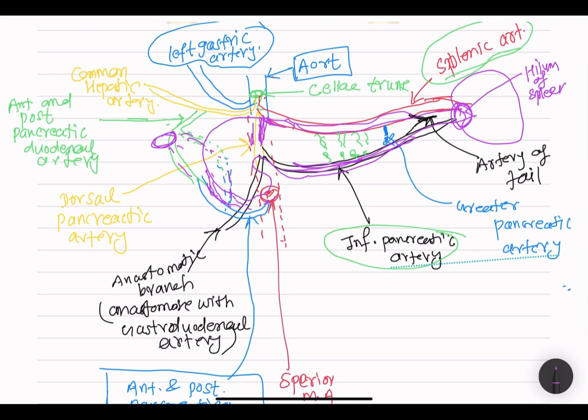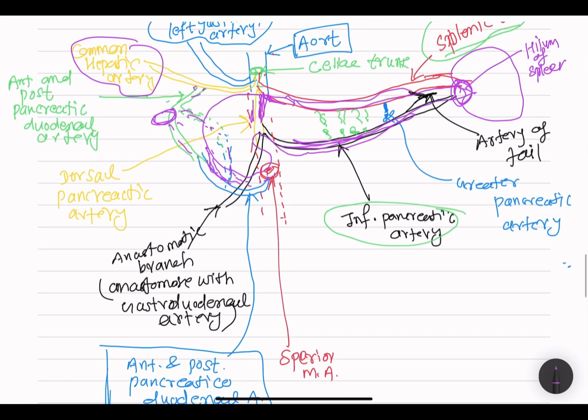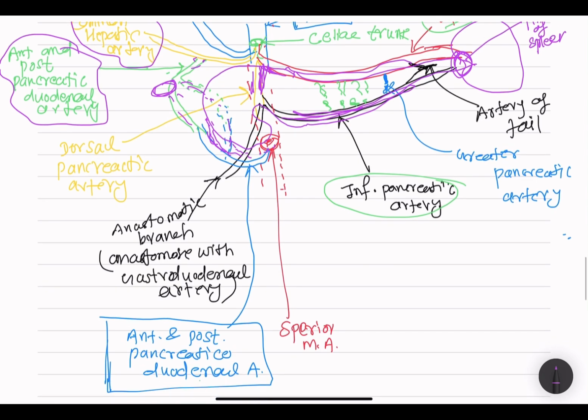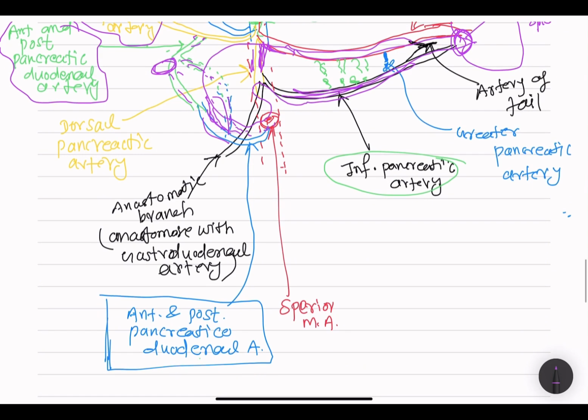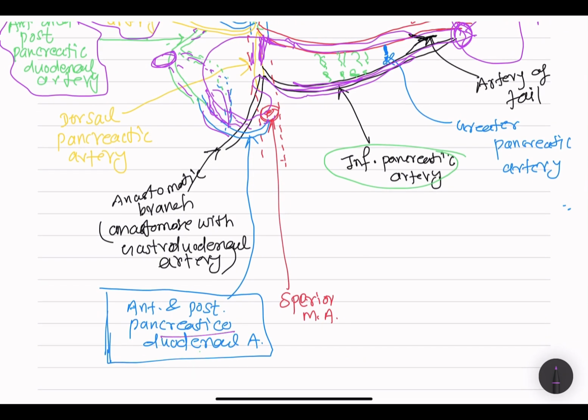So from the common hepatic artery, just below it, this anterior and posterior pancreatic artery arises, and it anastomoses with the anterior and posterior branch of the superior mesenteric artery, the pancreaticoduodenal artery, which also supplies the duodenum.